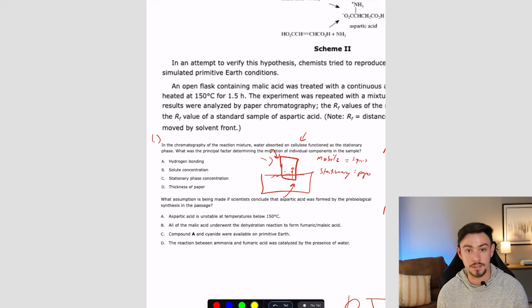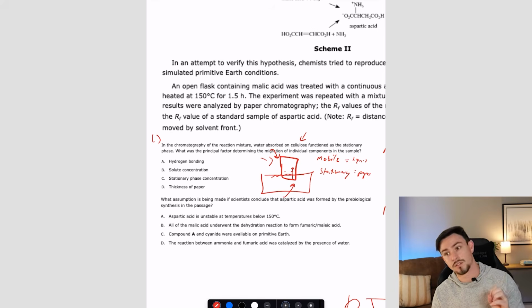A, hydrogen bonding. Well, little free tidbit about hydrogen bonding, right, is that a hydrogen bond is not technically a bond. A hydrogen bond, rather, is more of like an electrostatic attraction between the partial positives and partial negatives of like oxygens and adjacent hydrogens in this specific example with water.